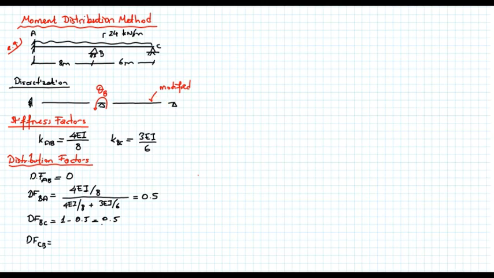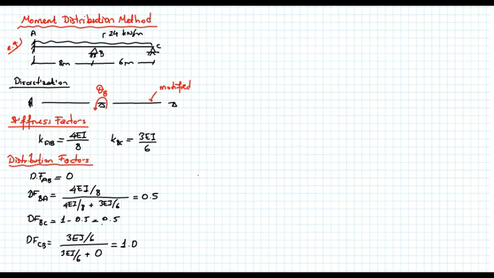So if we write that in equation form, the stiffness factor of member BC is 3EI over 6 divided by 3EI over 6 plus the additional resistance to rotation at that node. So we don't get any resistance from the support, so I'll just write 0 here. So the distribution factor is equal to 1, meaning that whenever I have a moment at point C, it will be 100% resisted by member BC. So we calculated the distribution factors also.